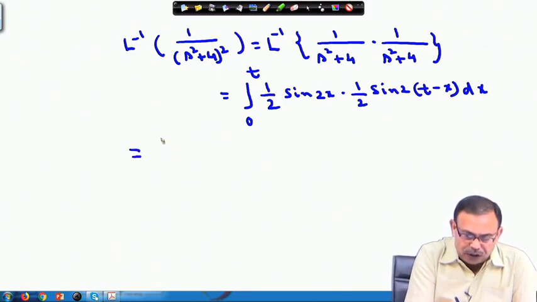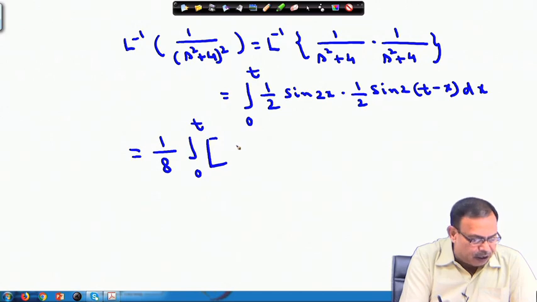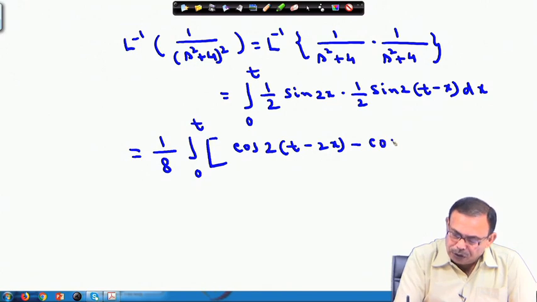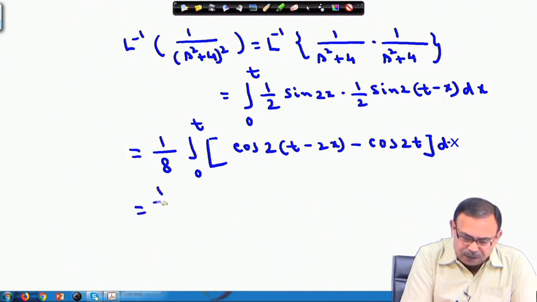Using the sin a sin b formula, you can write it as cos 2(t minus 2x) minus cos 2t dx. And I can evaluate the integral easily.